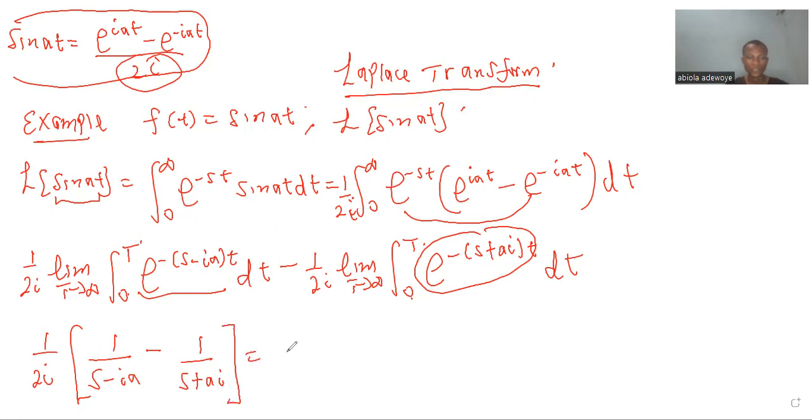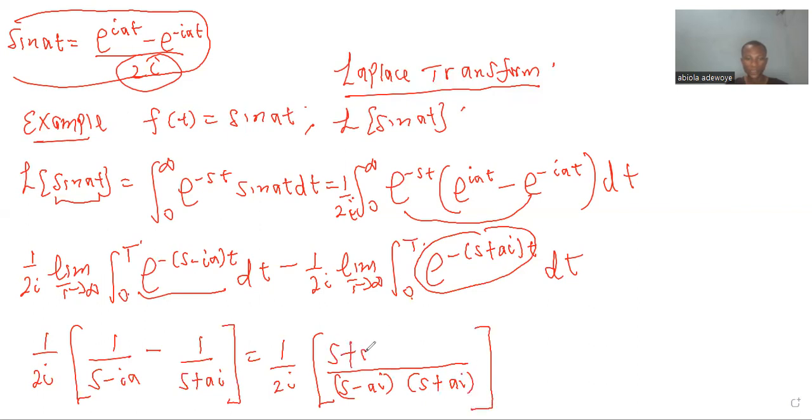Now, finding the LCM of this, I'm going to have 1 over 2i, close bracket. Now, the LCM is what? We have the LCM to do s minus ia and s plus ia, which will give us s plus ia minus s plus ia.